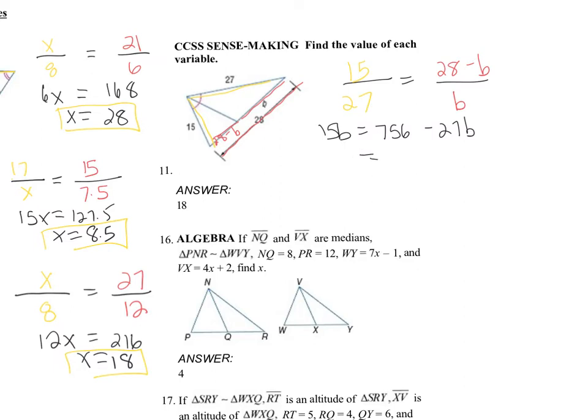If I move that negative 27B to the other side, I'm going to have 42B is equal to 756. And if I divide by 42, I'm going to have that B is equal to 18.